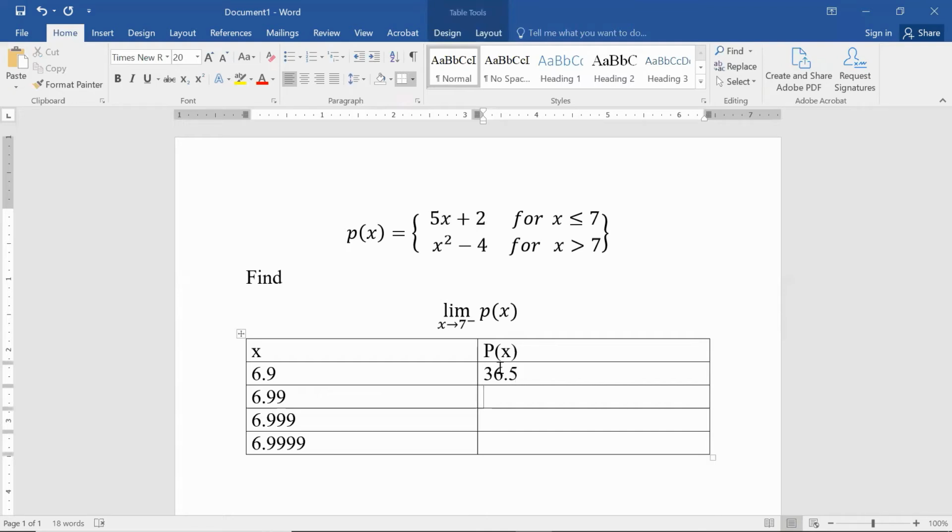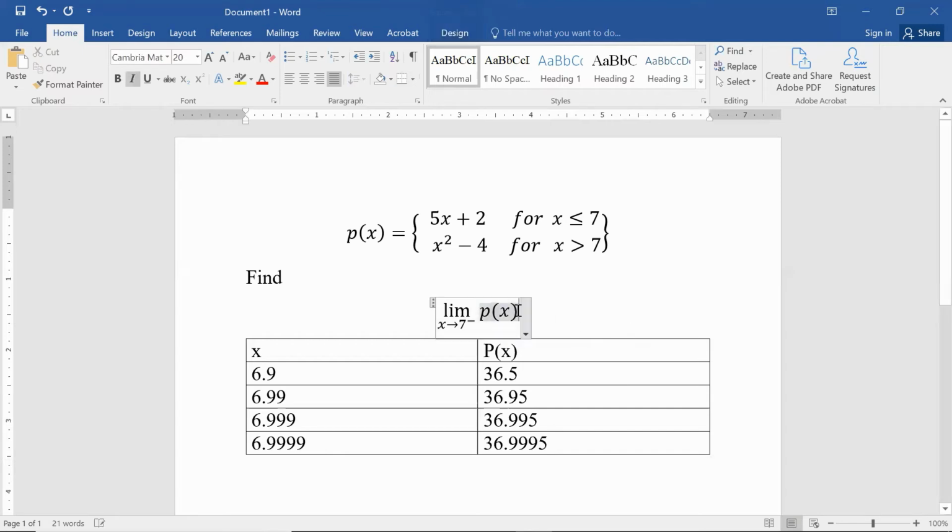And then you go 6.99, and then 6.999, and so on. So what you end up with is 36.95, 36.995, and you get 36.9995. And so you can see that this limit numerically is going towards 37.